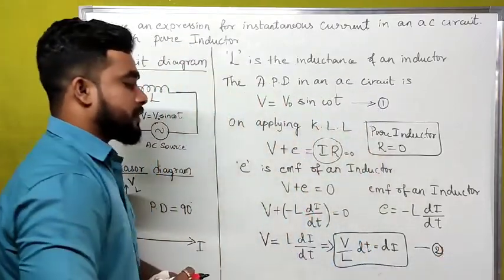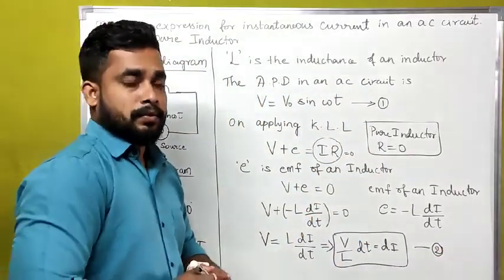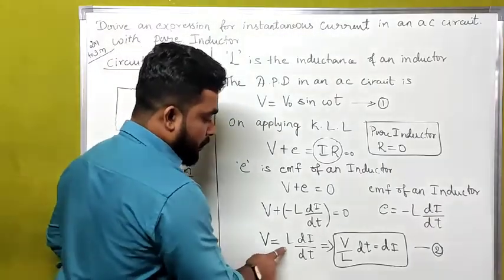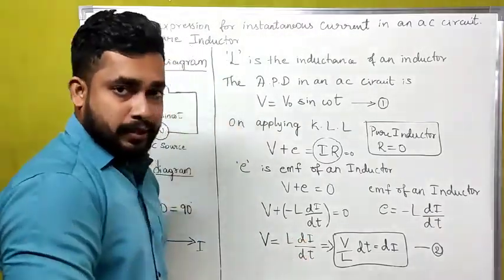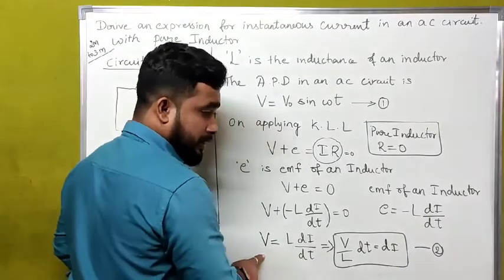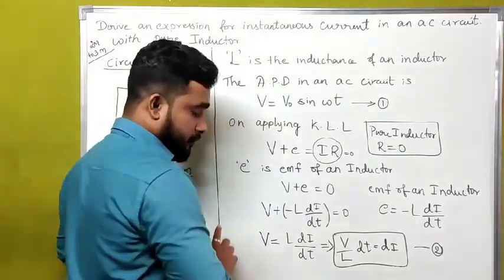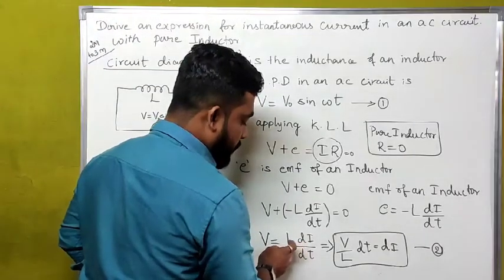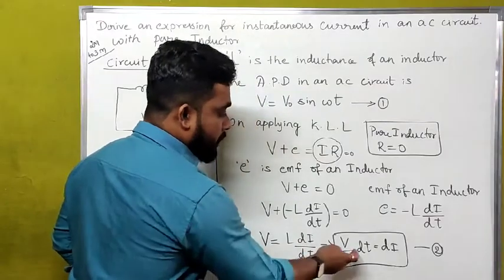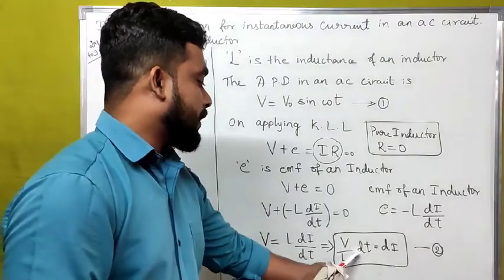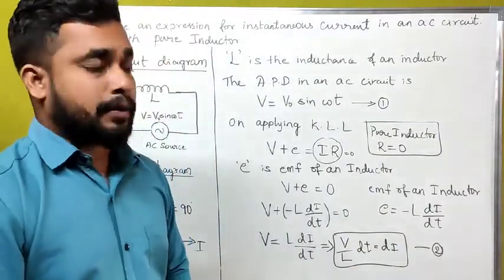Let us call this an equation. We have made only a small modification. V is equal to L into di divided by dt is our expression actually. I have sent this L to the other side of the equation and dt to the other side of the equation, and it becomes di is equal to V divided by L into dt. This is what we have written here.